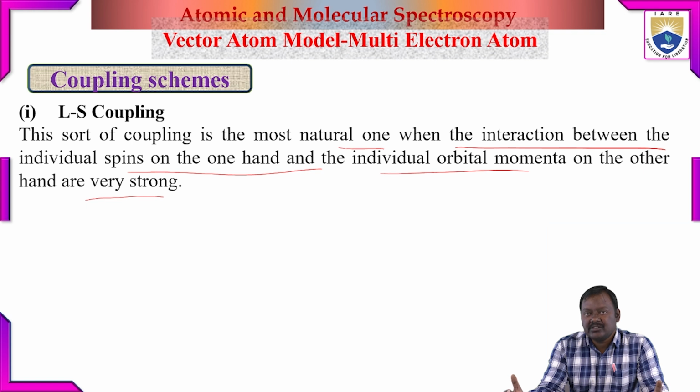So that means the spins of the individual electrons add up to give the total spin quantum number for the atom, and also the individual orbital angular momenta add up to give the total orbital angular momentum, and then the total angular momentum will be given by adding the total spin quantum number and total orbital quantum number.